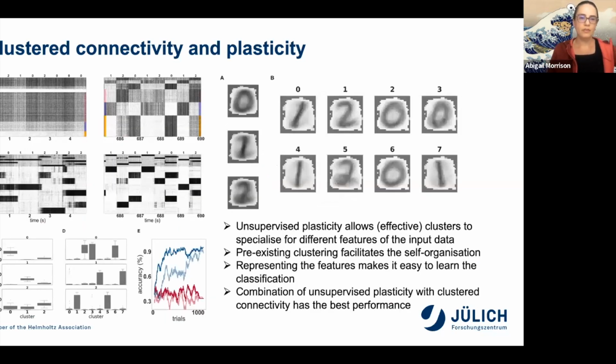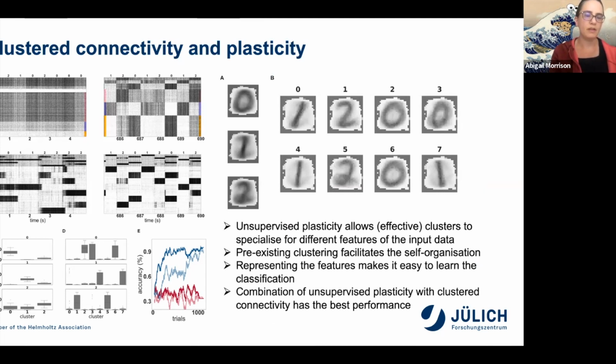So this gives you some idea about how these networks behave. So on the top left, we're looking at a network that has no cluster connectivity, and we're providing it with the MNIST digits, the first three for reasons of running out of computation time.